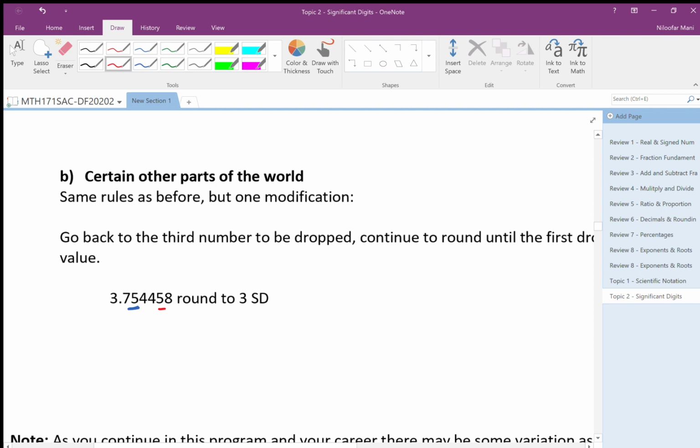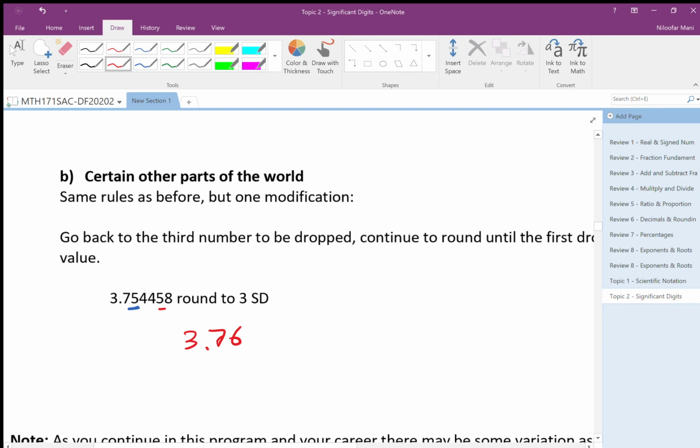Then this one will be 6, and because this is 6, this one will be 5, and because this is 5, this one will be 5, and because this is 5, this one will be 6. And then it is 3.76, with this rule that I'm saying.